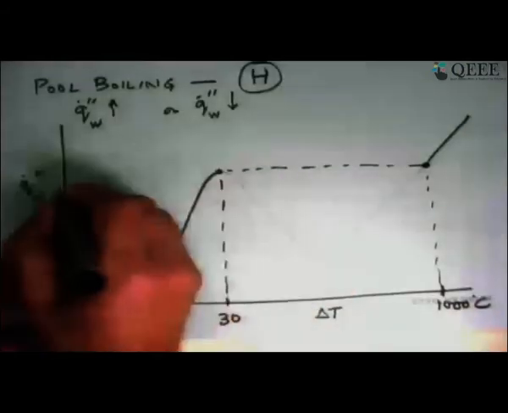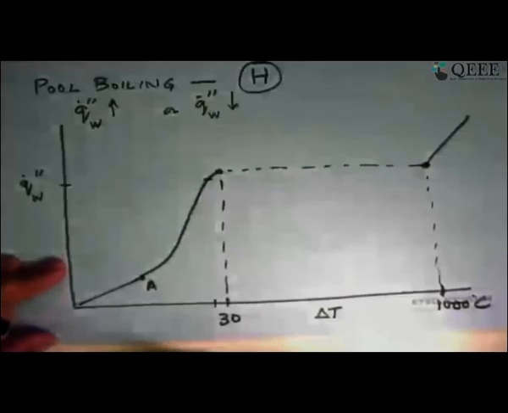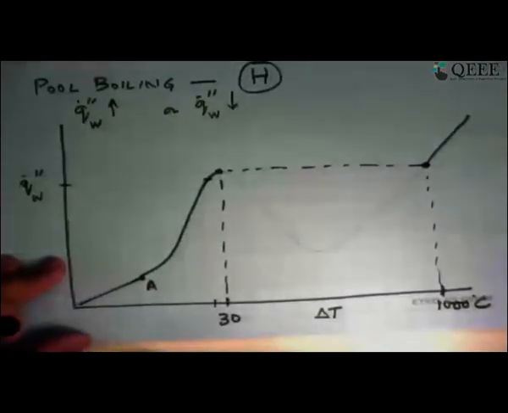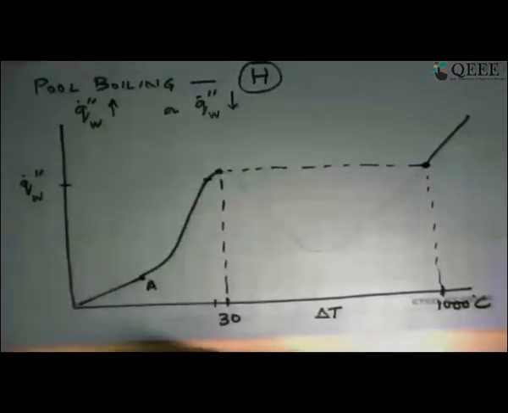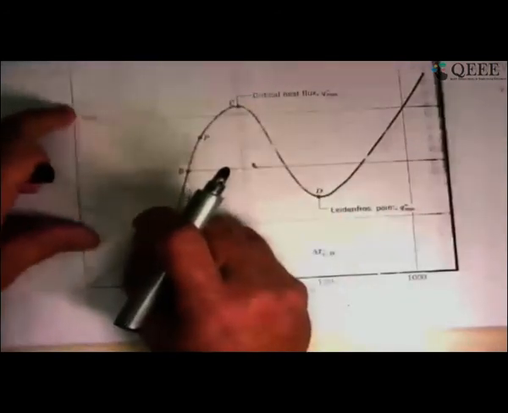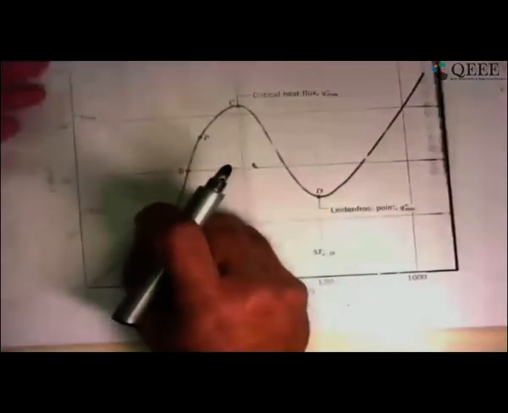And this failure happens when, say, at one point you were having this heat flux, so you were at a delta T of say 29, 28 degrees Celsius, and then you say, well, I'll slightly increase the heat flux and go over here. And if you see the numbers, here the heat flux is of the order of 10 to the power 6, and here it is less than say 10% more.